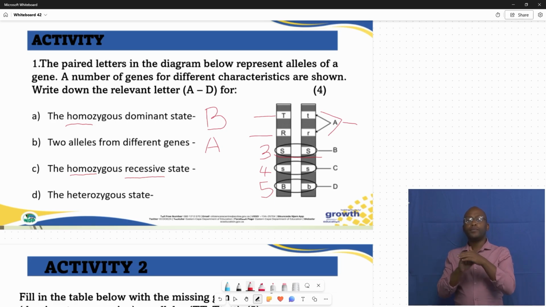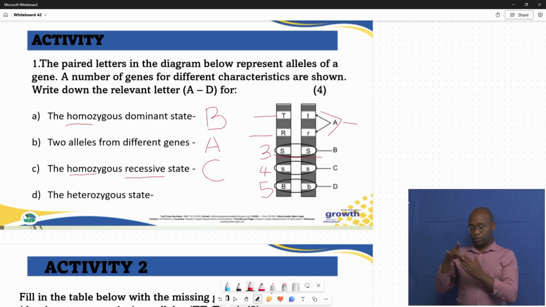Letter B has homozygous, but because it's uppercase letters, it is homozygous dominant. If you look at letter C, it has 2 alleles that are represented by small s letters. It means that this one is the homozygous recessive state. So the correct answer here would have to be C.